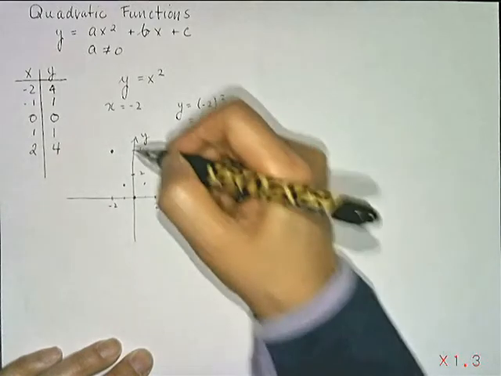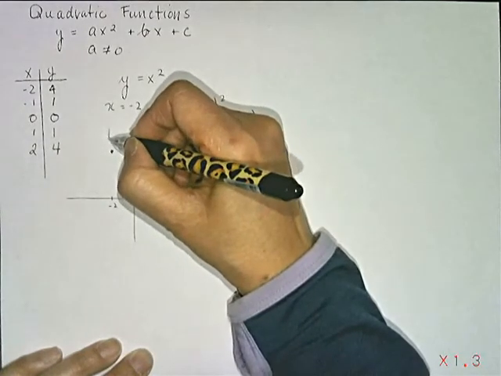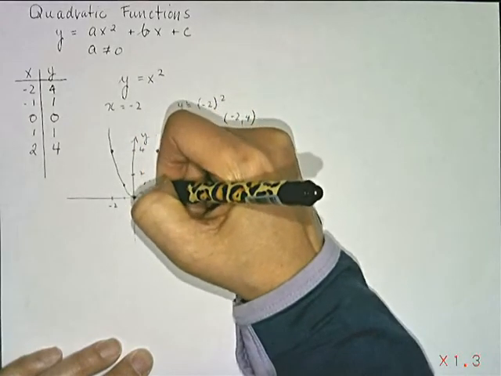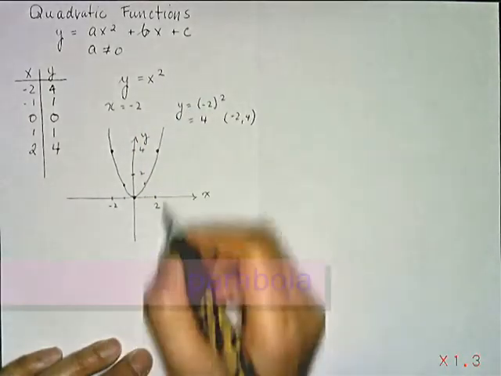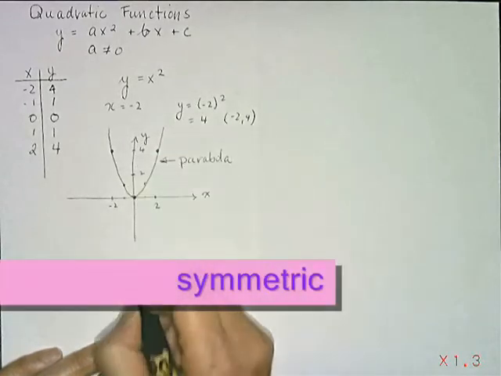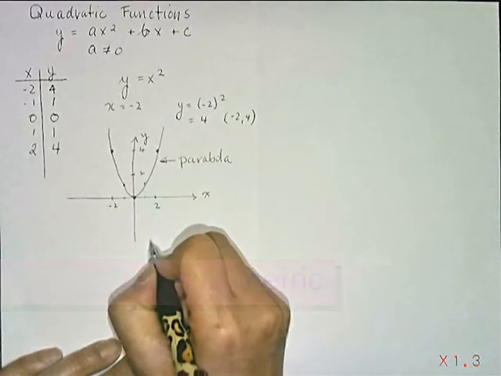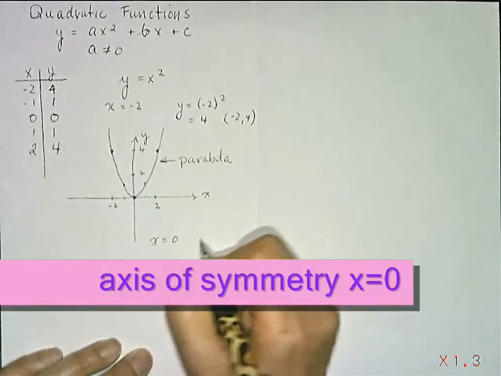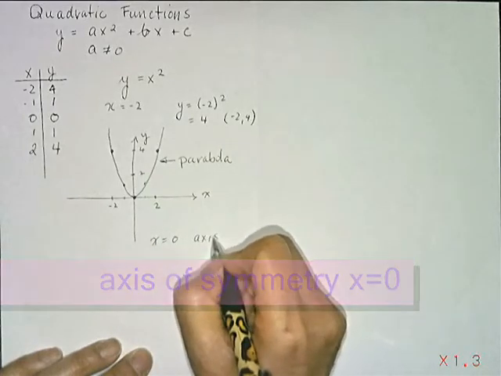0, 0. And what we get is a U-shaped curve like this, and this shape is called a parabola. This parabola is symmetric. In this case, x equals 0 is called the axis of symmetry.